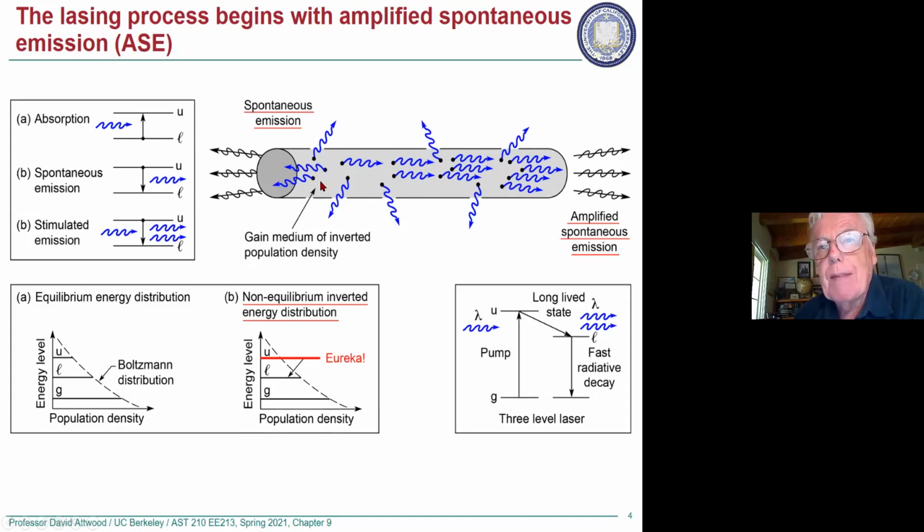The geometry assists lasing in one direction and in fact in the other direction. There's nothing special here. Both directions can go, okay? Anything off to the side is just lost.